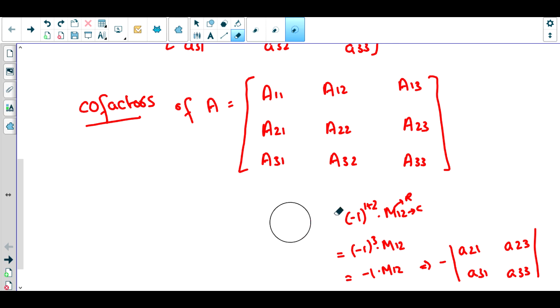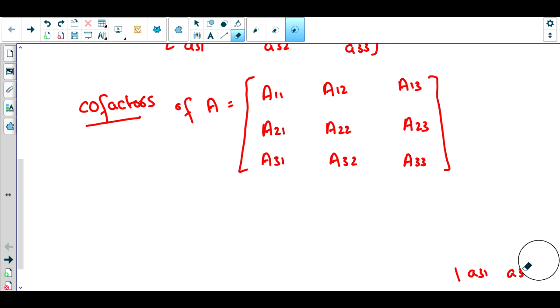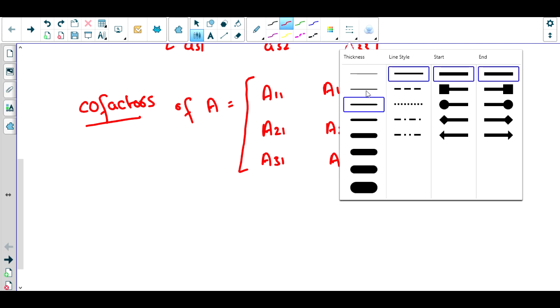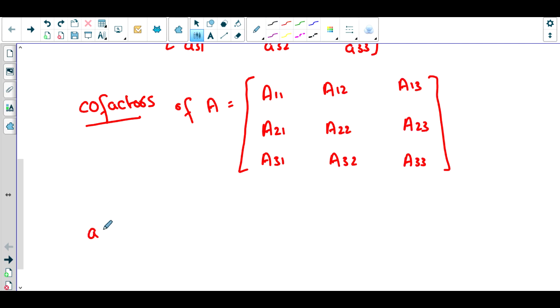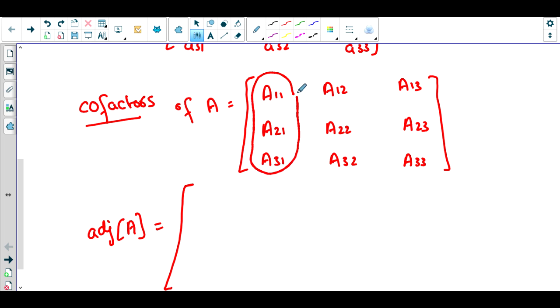So we have the cofactor set. To find the adjoint we need this cofactor set, because without it we cannot find the adjoint. So what will be the adjoint of A? Just replace rows with columns and columns with rows, like in a transpose. The first column is C11, C21, C31. Write it in row format.